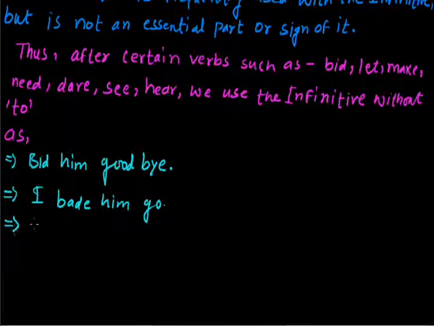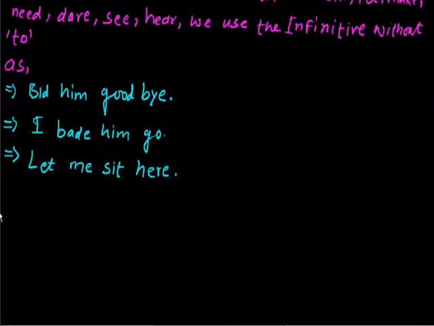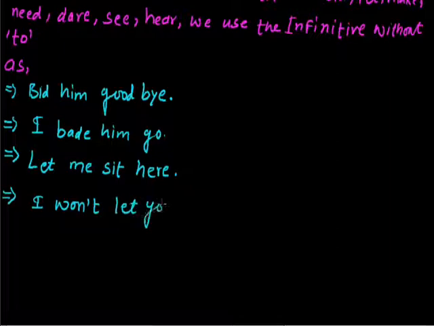When I say, let me sit here, I'm not using "to" before the verb sit. So with these verbs we do not use "to" in the infinitives. I won't let you go. In this sentence also I am not using "to" before the verb go.